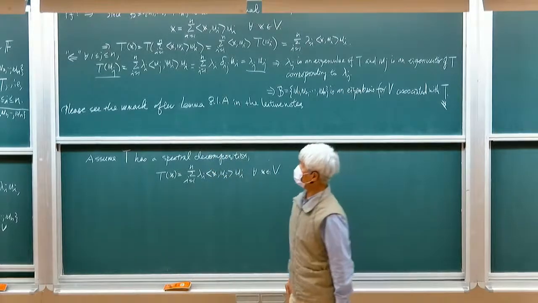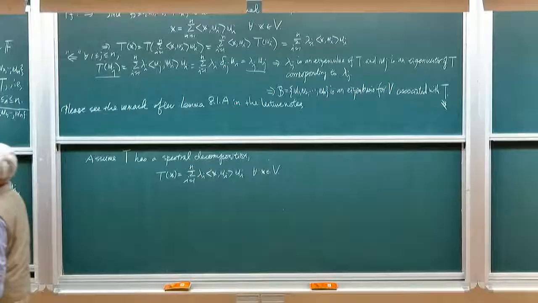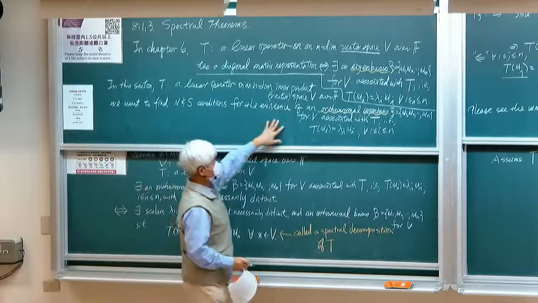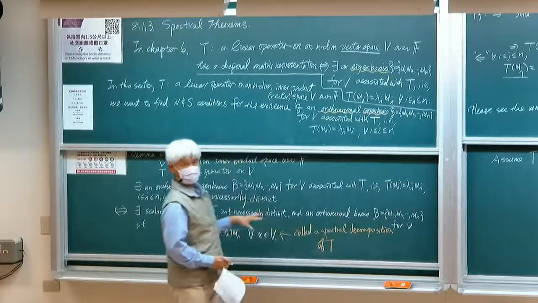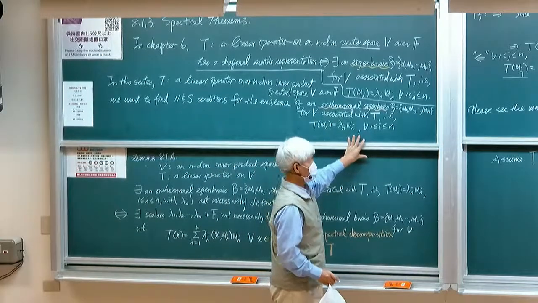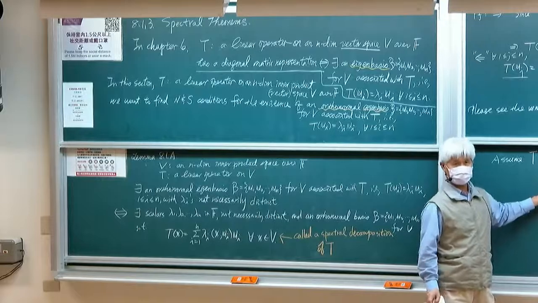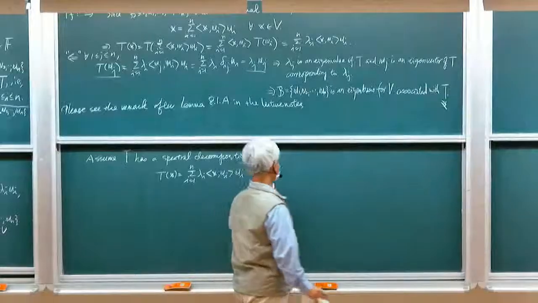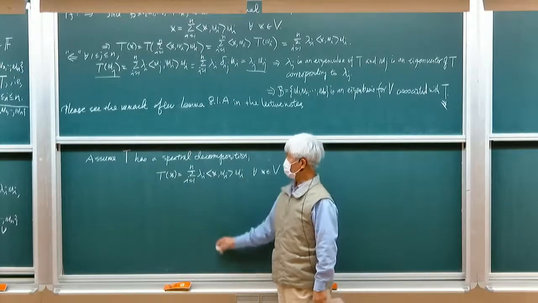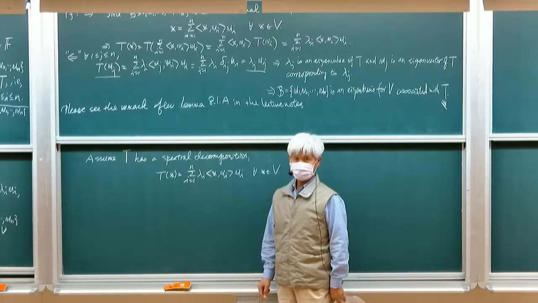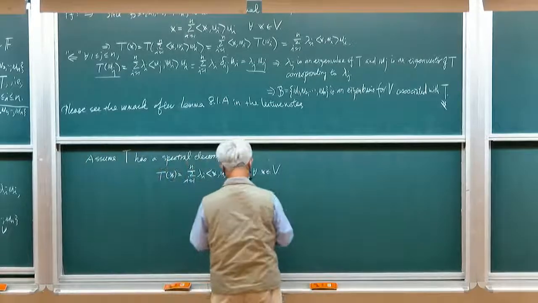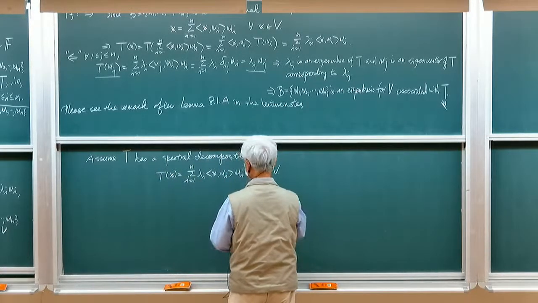Because our purpose is to try to find a necessary and sufficient condition for the existence of an orthonormal eigenbasis, and the existence of an orthonormal eigenbasis is equivalent to having a spectral decomposition here. So we investigate some necessary condition, some consequence, if we have a spectral decomposition. So that is the approach. All right, so assume we have a spectral decomposition.